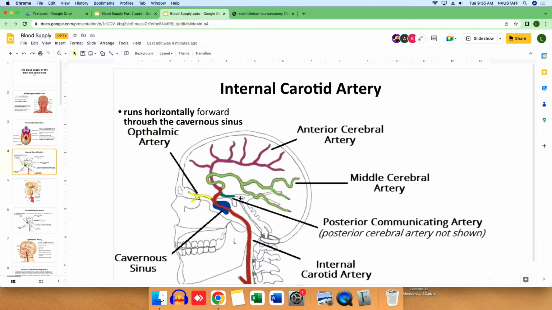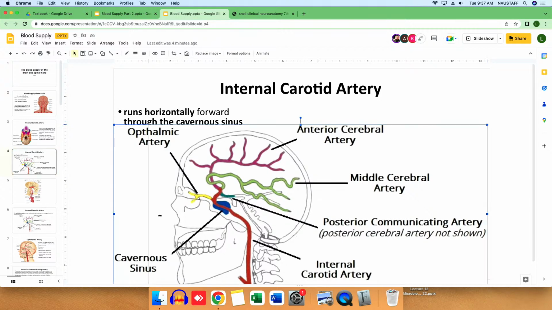So this posterior communicating artery contributes to the formation of the circle of Willis, meaning that both sources, the internal carotid and its branches and the vertebral artery and its branches, come to make the anastomosis. This is one of the most important points of anastomosis. So that's how it works.